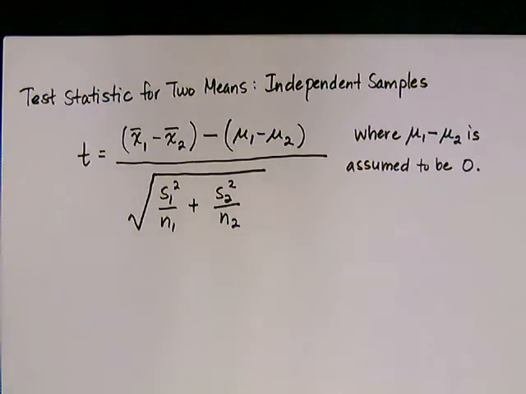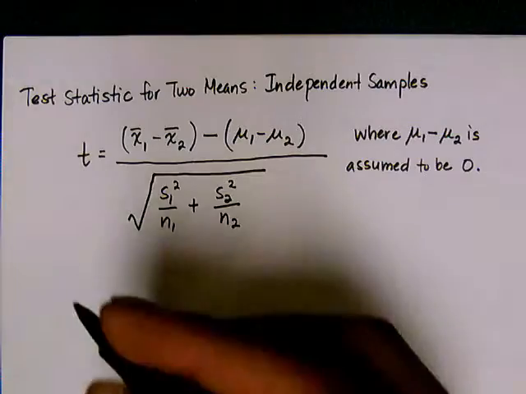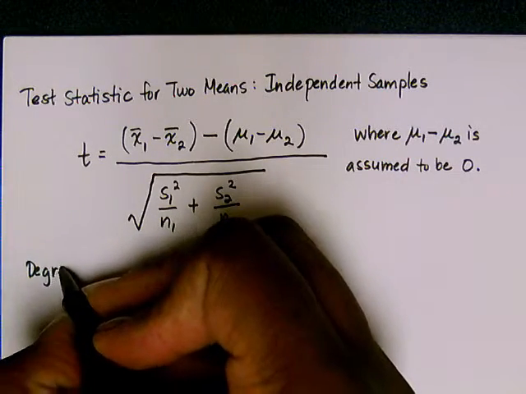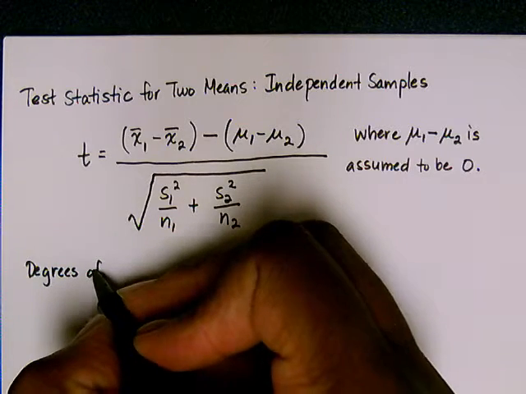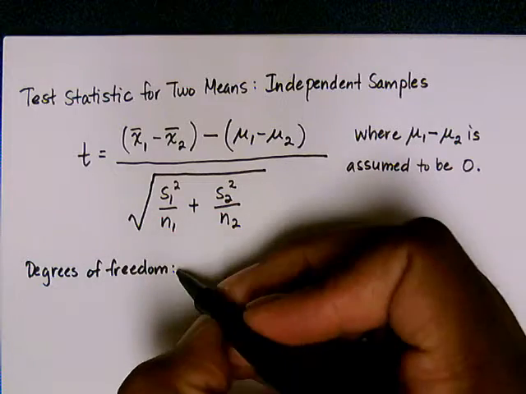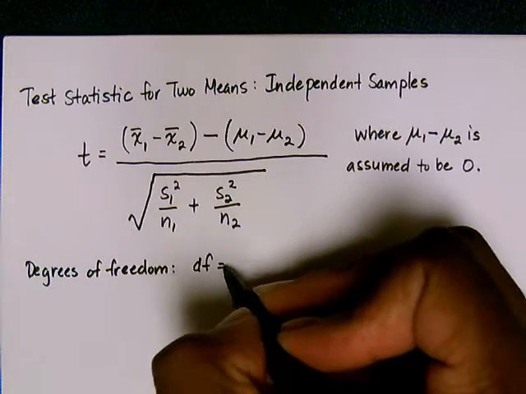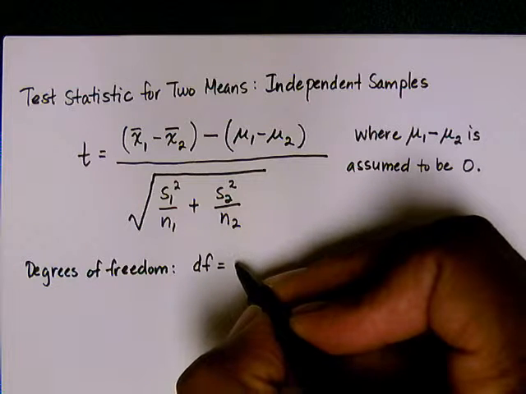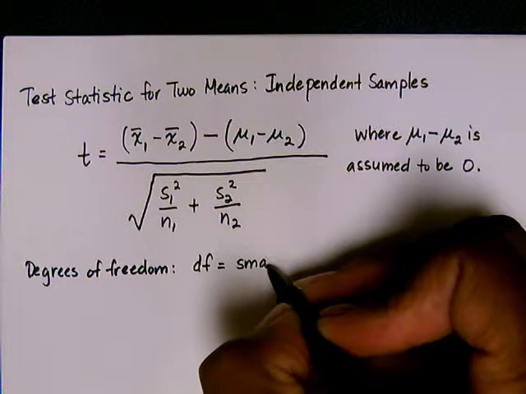Okay, now in this case here, we'll be using the graphing calculator, the TI-83 or the 84 plus calculator, to help you find out what your t-test statistic is going to be. Okay, now degrees of freedom, which is denoted by DF. Degrees of freedom is always going to be this.